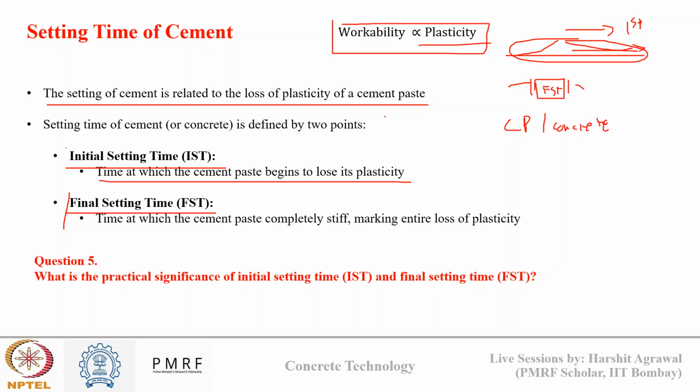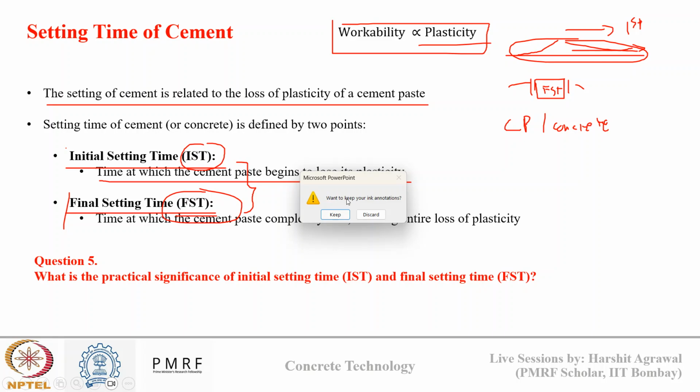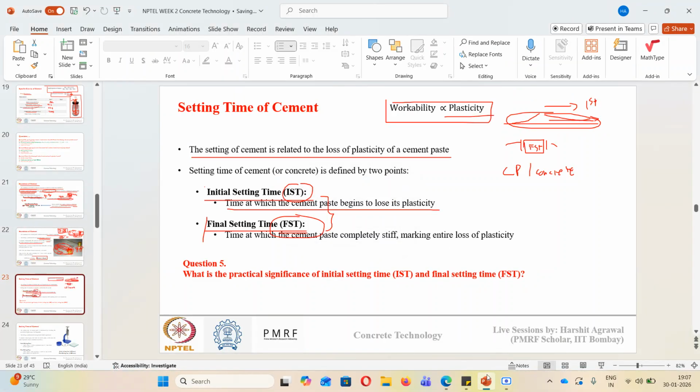Okay, so now can anyone tell me what is the practical significance of this initial setting time and final setting time? Why are both of them needed? Why not just define final setting time? What is the need of initial setting time also? So in practice, where is the use of these two times? Does anyone know?